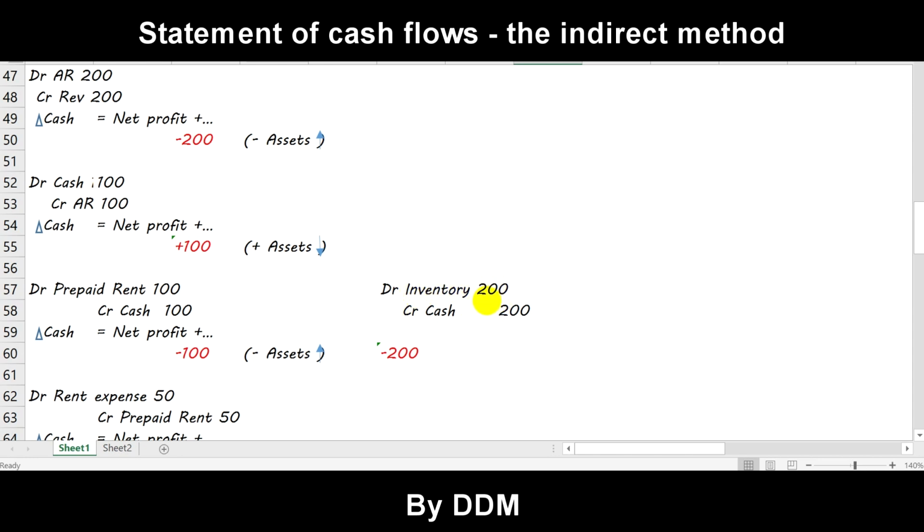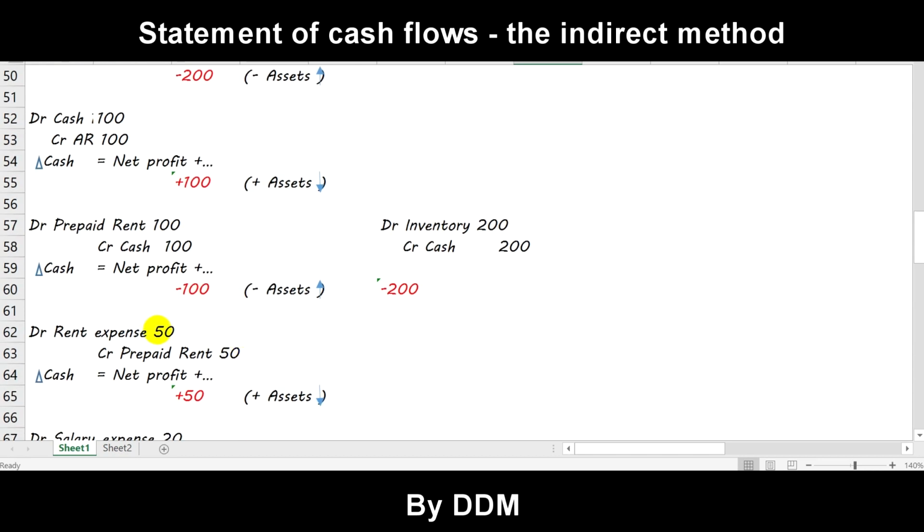When inventory increased by $200, we recognize that cash reduced by $200. So when the cash side reduced by $200, to make both sides equal, we need to subtract $200 from the net profit side as well. And this $200 is the increase in assets. That is our inventory.